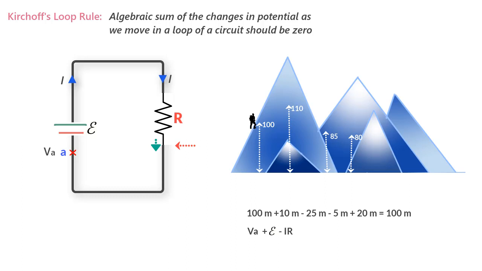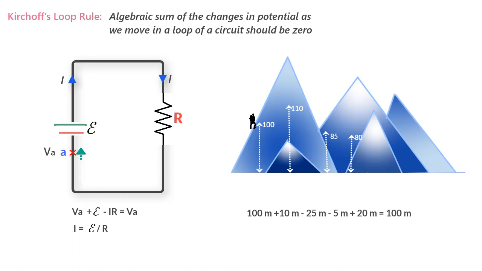We keep moving in clockwise direction along this lower length of the wire, and again, since the wire has no resistance, there is no potential drop, and we once again reach point A from where we started, and the potential here is VA. So the way we found ourselves at the same elevation on the mountain when we reach the starting point, this should equal VA. Then what we find is I is equal to E upon R.